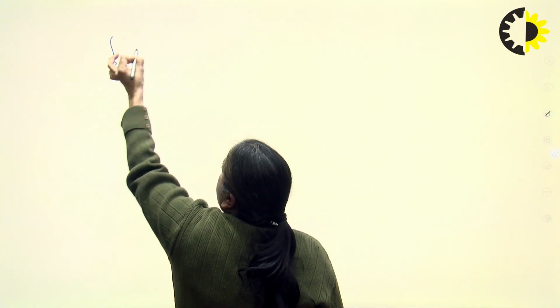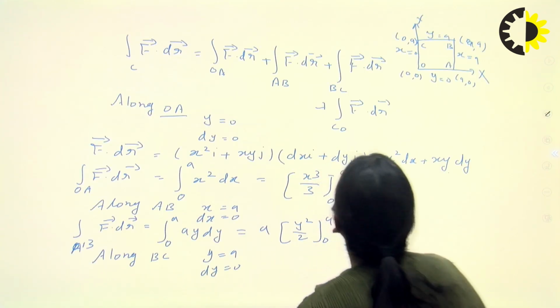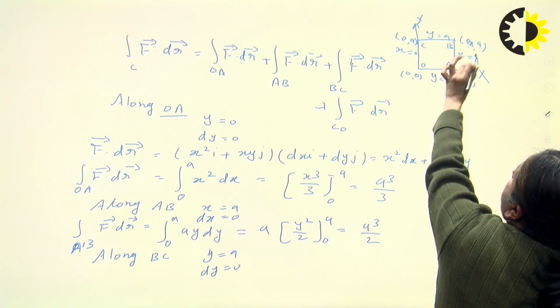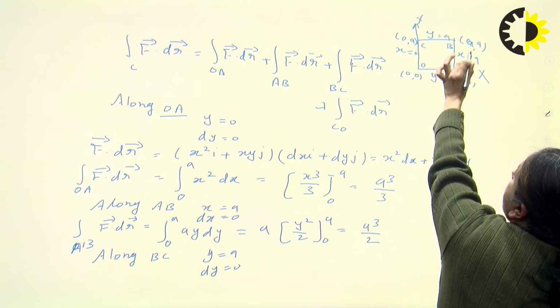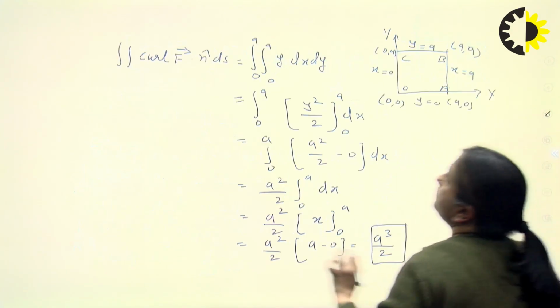Along the line BC, the limit of x will be a to 0.